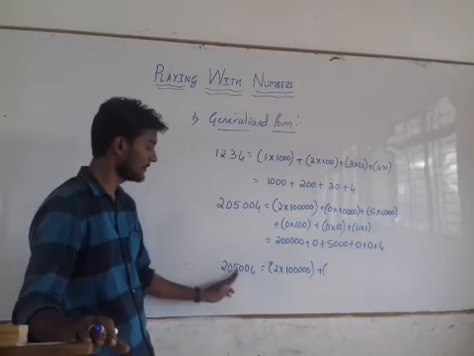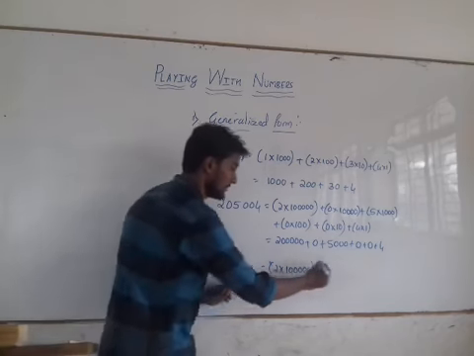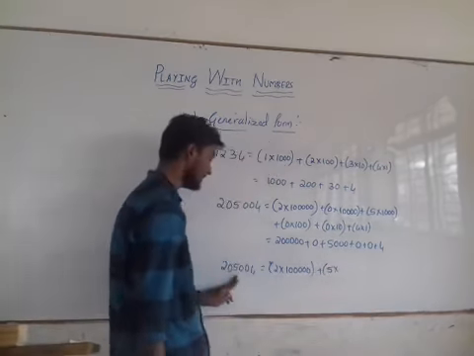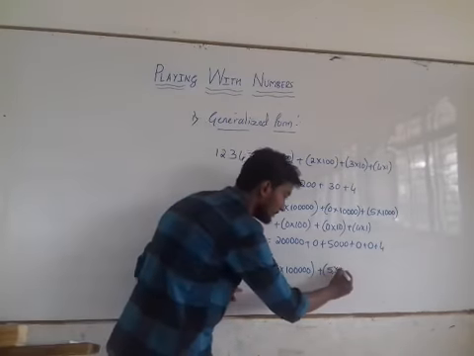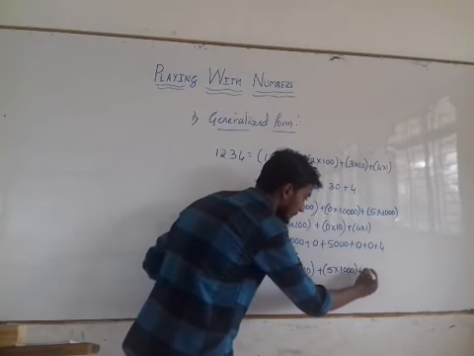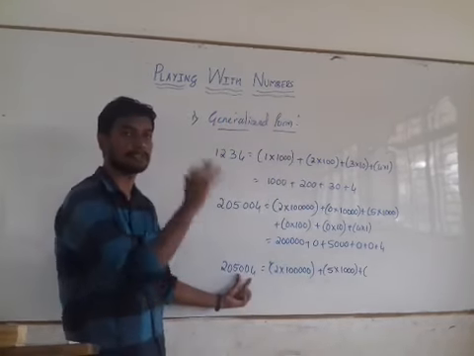So if you skip this 0, we have 5. Which place is 5 in? See here: unit, tens, 100, 1000. So 5 into 1000. Plus, again we have 2 zeros, which you can skip.